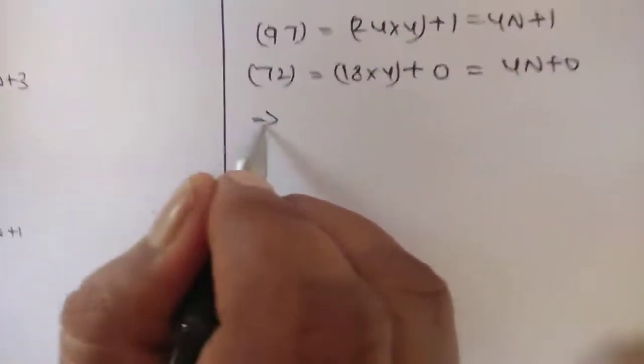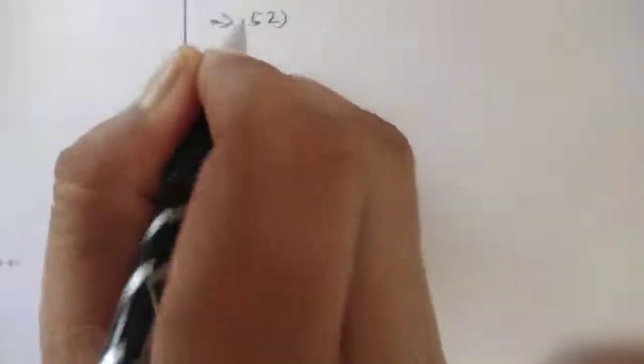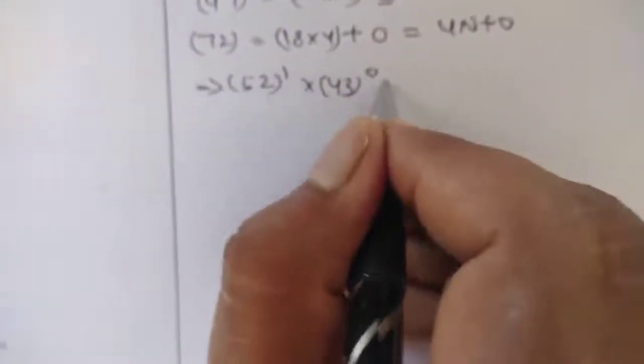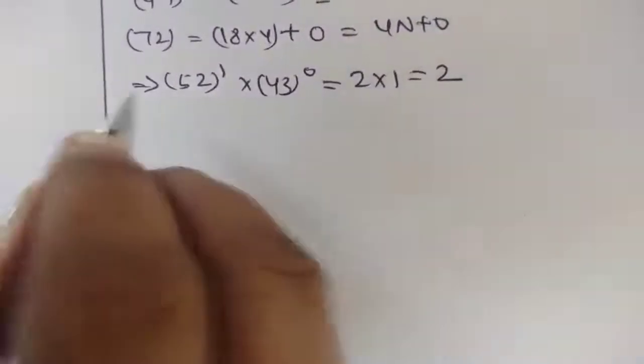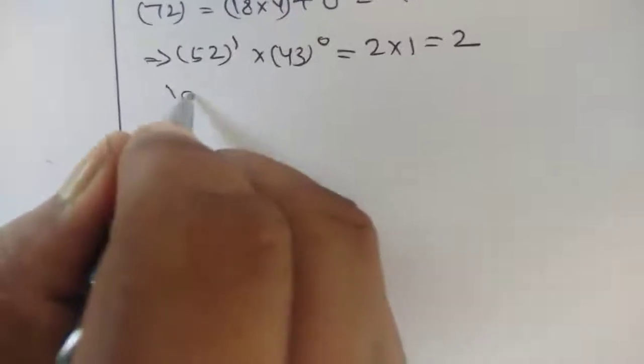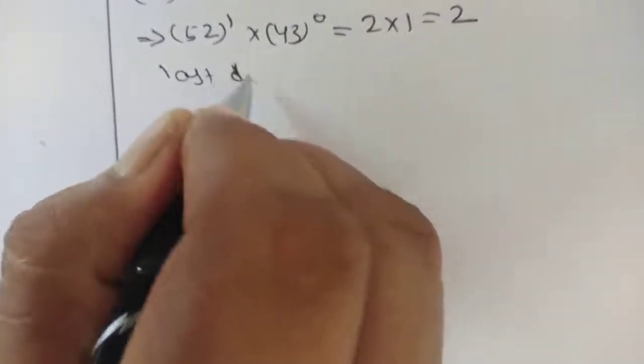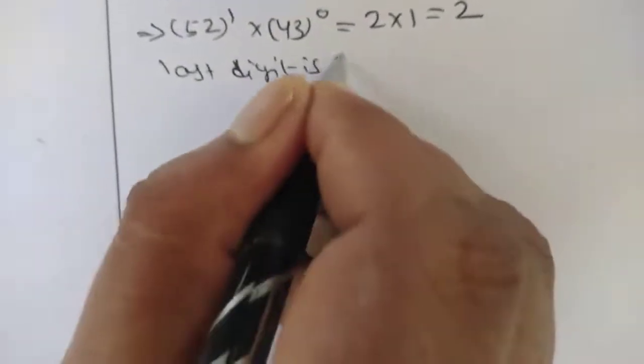So here it implies 52 power 1, here the remainder is 1, so take 52, and 43 power 0, which is 2 into 1, the unit last digit is 2.